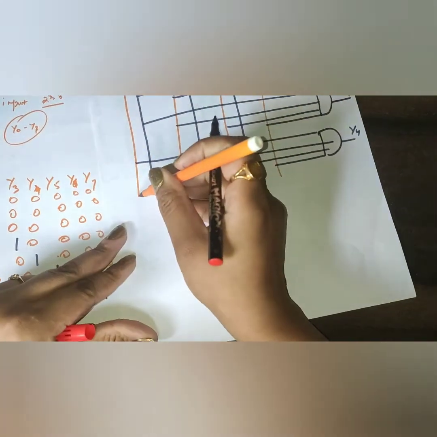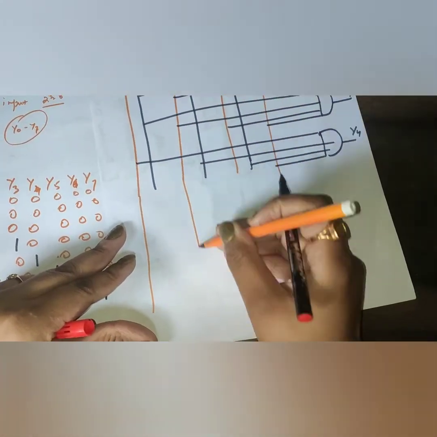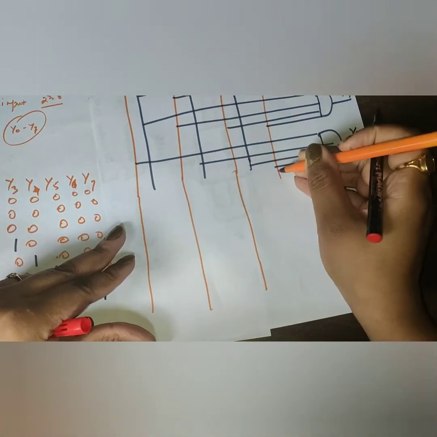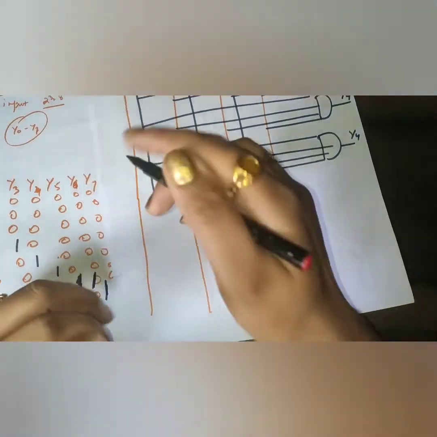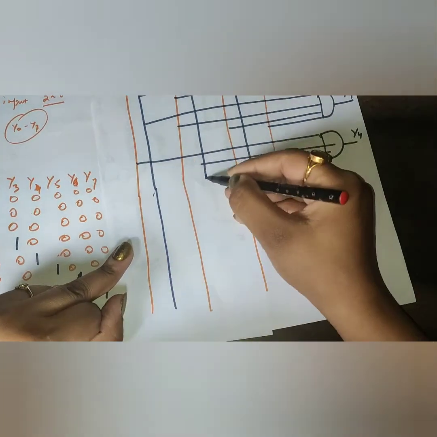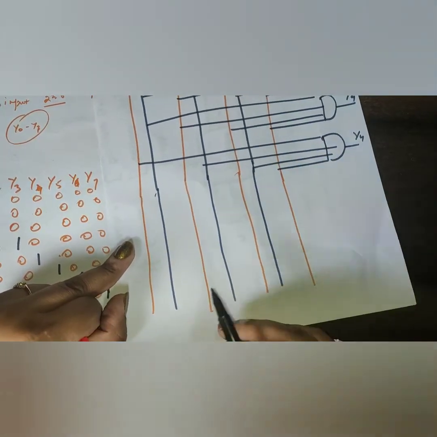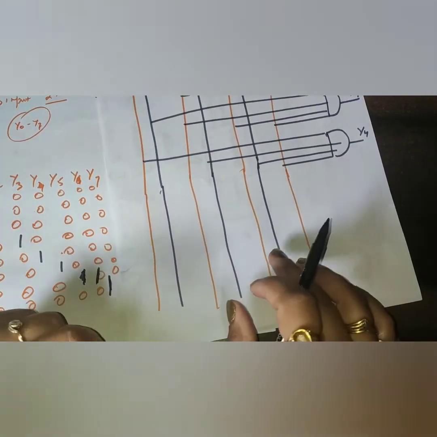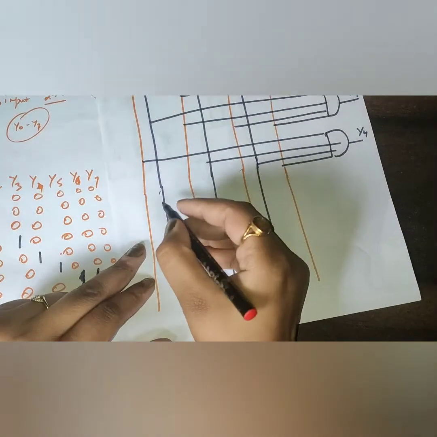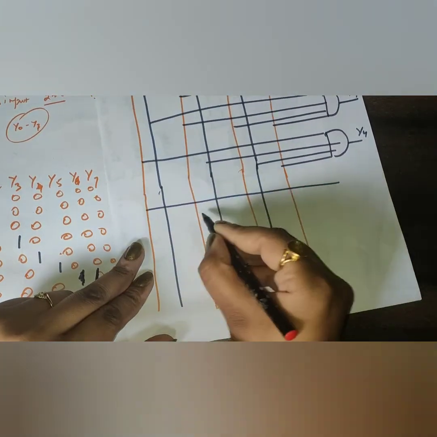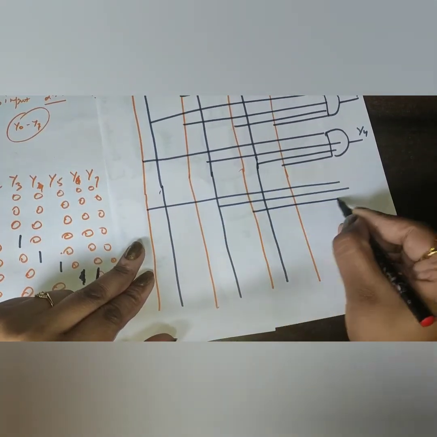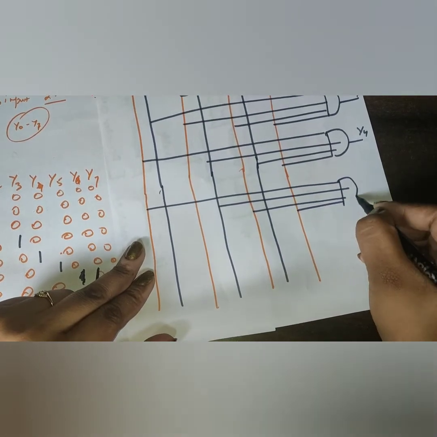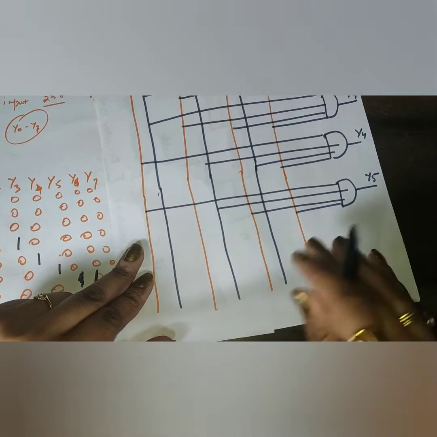The circuit can be bigger than the others, so please pay attention to this. Next is y5. y5 is 101 and the enable signal, that will be y5.